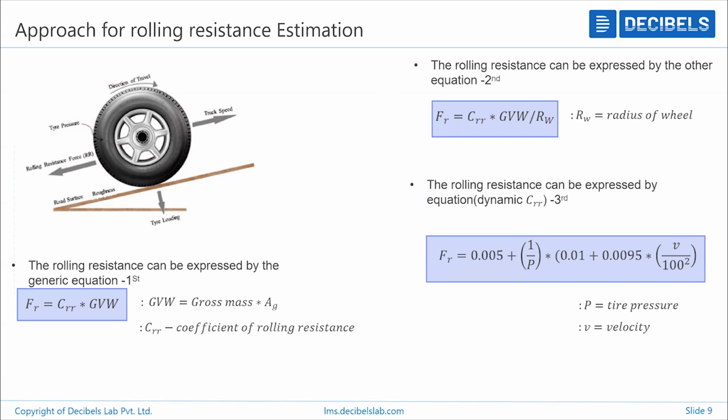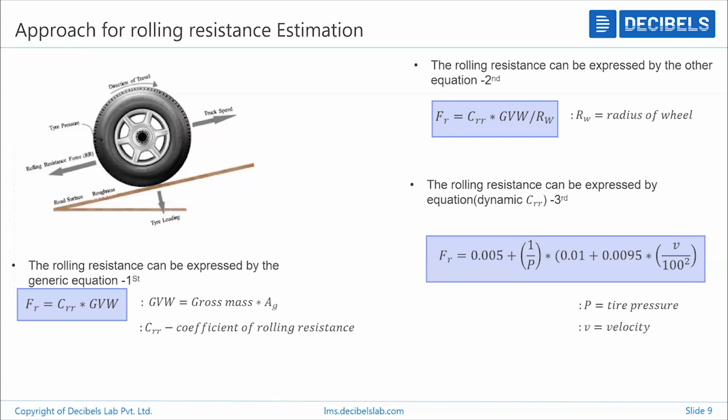Okay, so we understood the influencing factors for the rolling resistance. We just saw the material of the tire, the design of the tire, the surface, and the temperature.